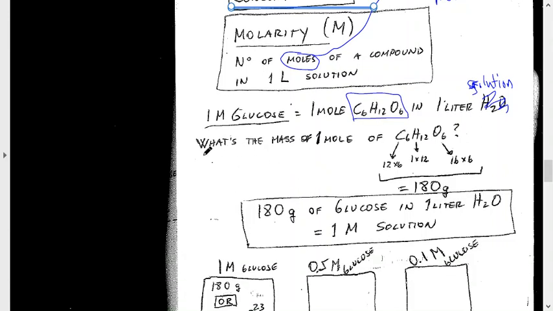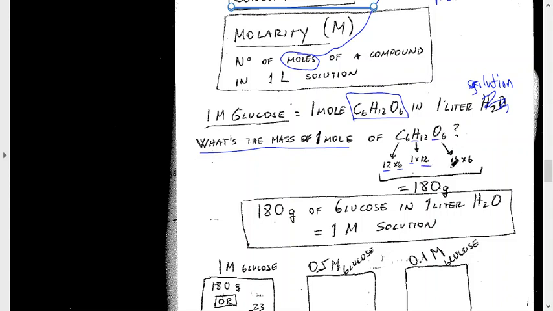So you would say, well, what's the mass of 1 mole of glucose? There are 6 carbons, 12 hydrogens, and 6 oxygens. The atomic mass of carbon is 12, and there are 6 of those. The atomic mass of hydrogen is 1, and there are 12 of those.